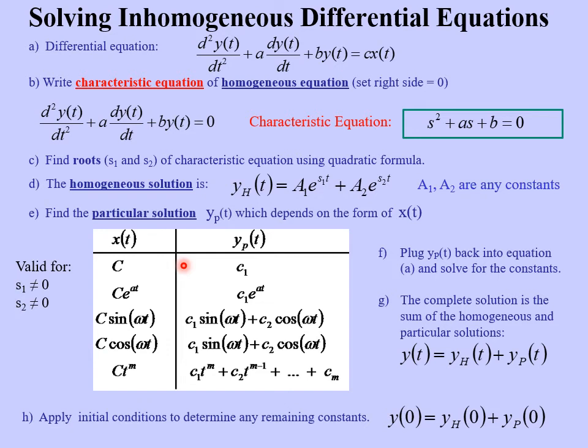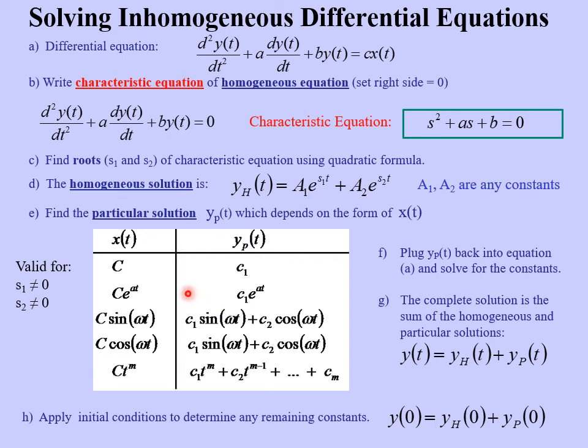By the way, I should clarify, this table is valid for cases where the roots here are non-zero, okay? There are some other tricks to use when the roots are 0. But for what we're going to do in this class, I think we'll always encounter non-zero roots to our characteristic equation, so we can use this table.